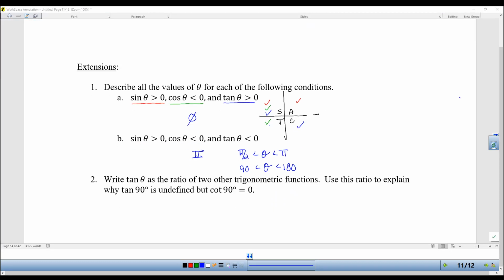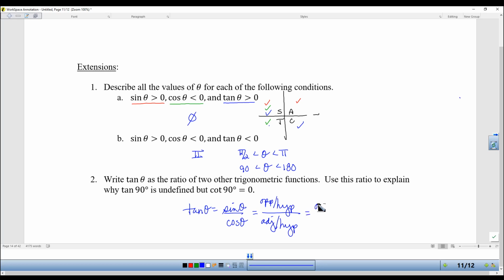Write tangent as the ratio of two other trigonometric functions. So we talked about this briefly, that tangent is the same as sine over cosine. The reason that's true is because sine is opposite over hypotenuse, and cosine is adjacent over hypotenuse.